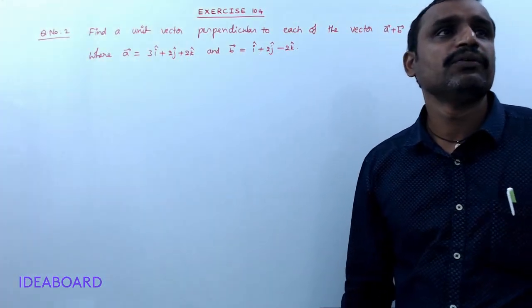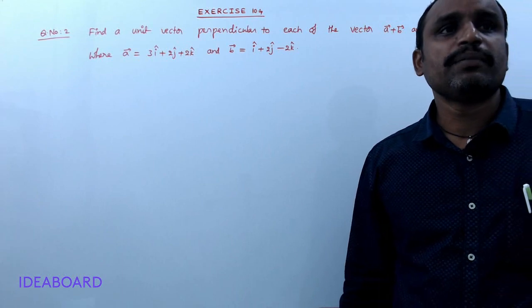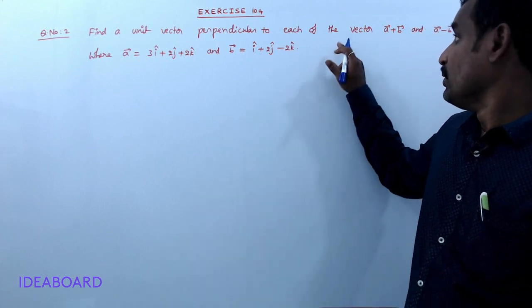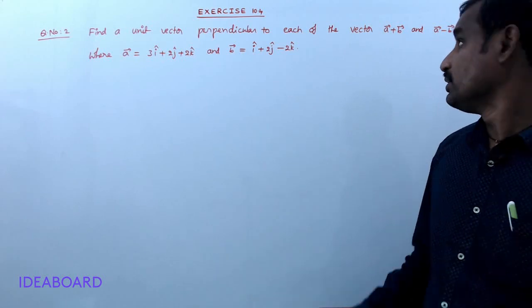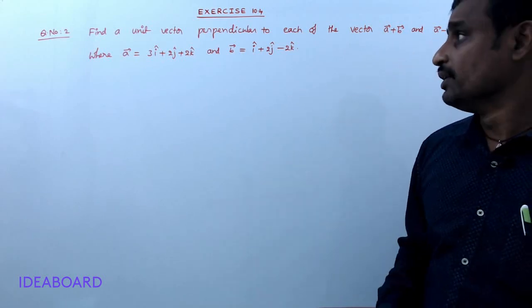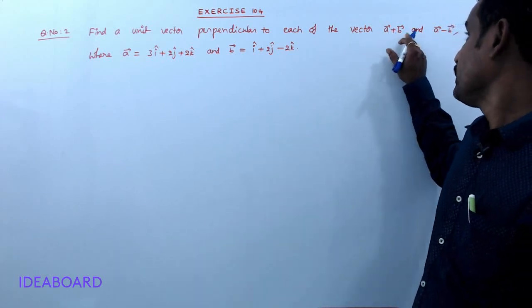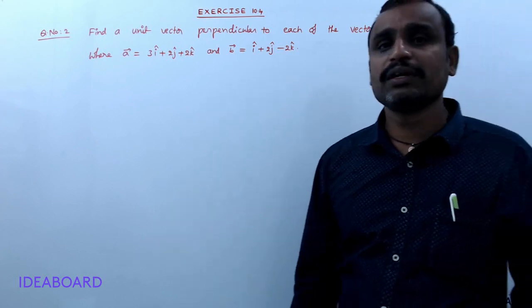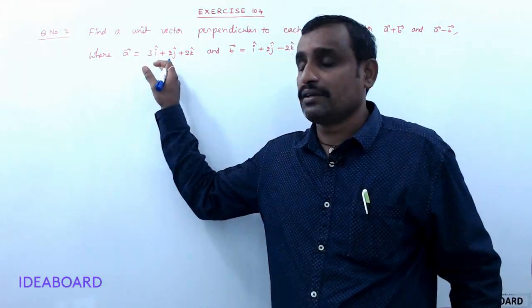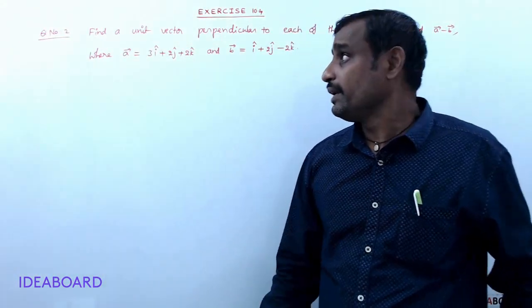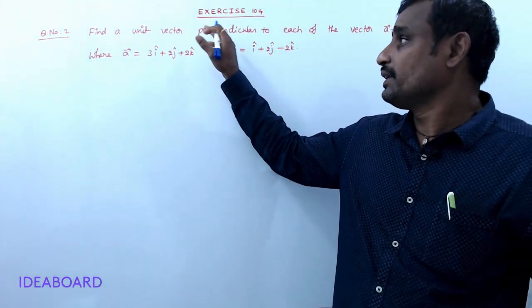We don't know a bar plus b bar and a bar minus b bar. First you can calculate a bar plus b bar and a bar minus b bar from the given vectors. After that, we wanted to calculate the perpendicular unit vector.